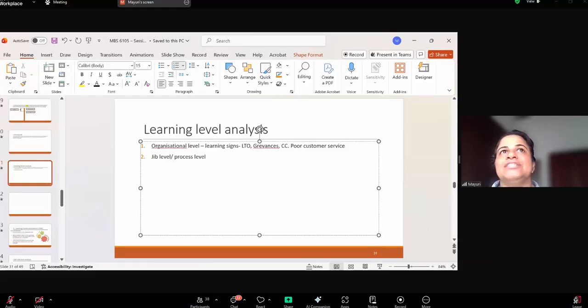So how the job is designed also matters for your performance, right? So we have to check whether it's a job level or process level problem.